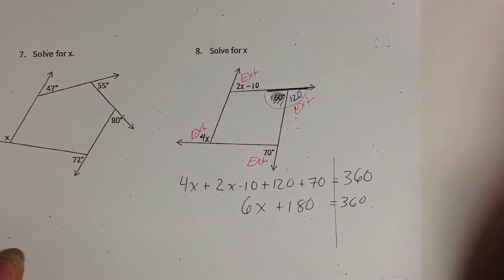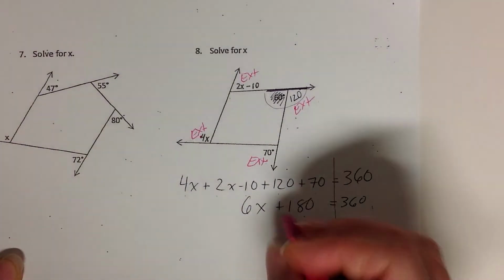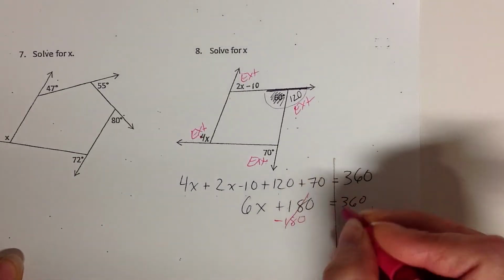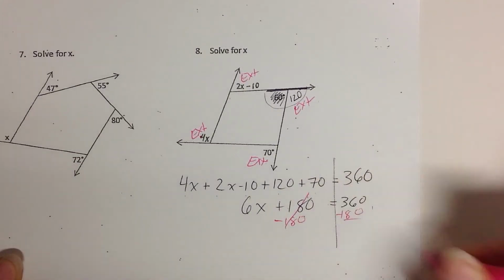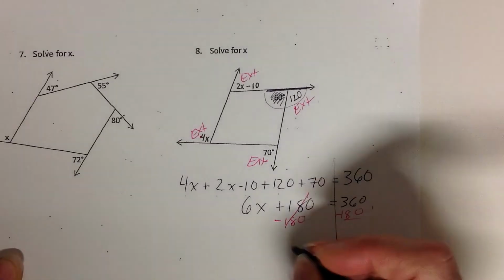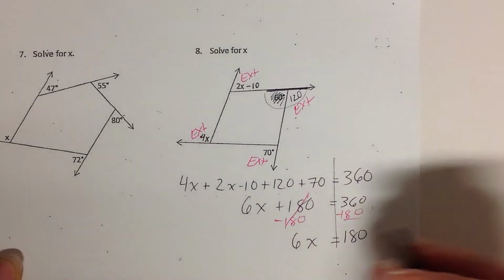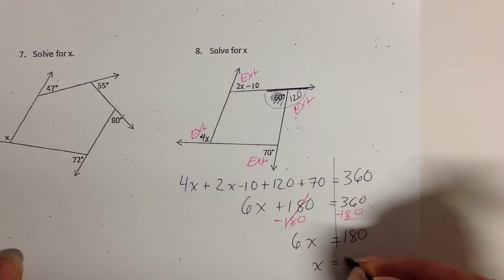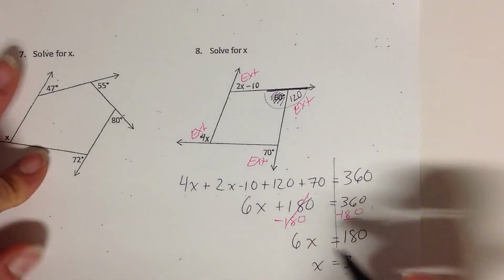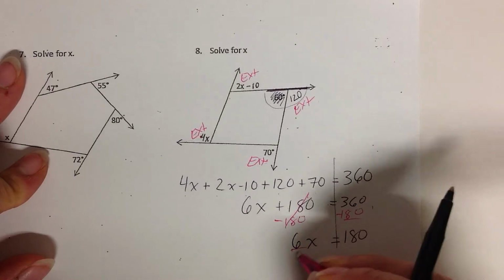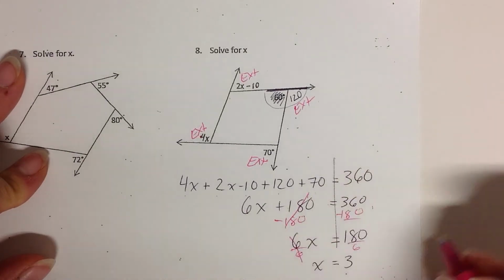Now that I'm moving to the other side of the equal sign, I'm going to use my inverse operations. 6x equals 180, and then I'm going to divide by 3. I'm sorry, divide by 6 to get 30. Divide by 6, divide by 6.